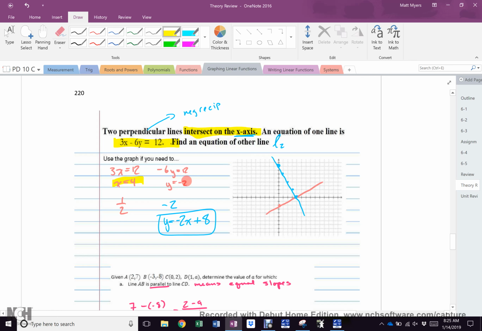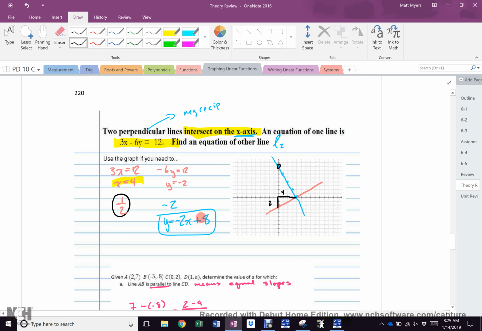Once you knew the slope here, which was up 2 and right 4, a slope of positive 1/2, you needed a perpendicular slope, so you reciprocated it and made it negative, which was negative 2. And then from there, I just counted to get a y-intercept. But you didn't need to.